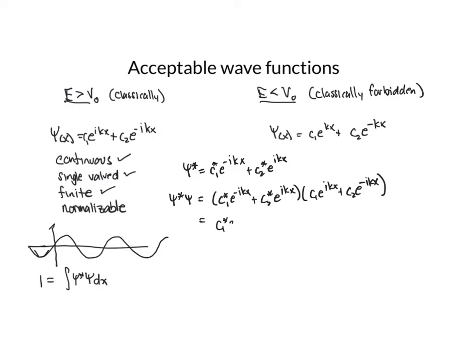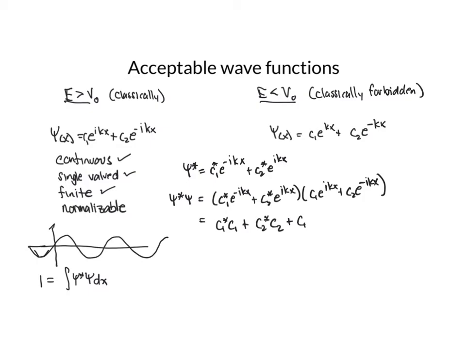So you'll see that I have to FOIL this, right? So I take c1 star times c1 times e to the minus ikx times e to the ikx, but e to the minus ikx times e to the ikx is just 1. And then when I do the c2 star times c2, I get the same thing, because e to the ikx times e to the minus ikx again just equals 1.